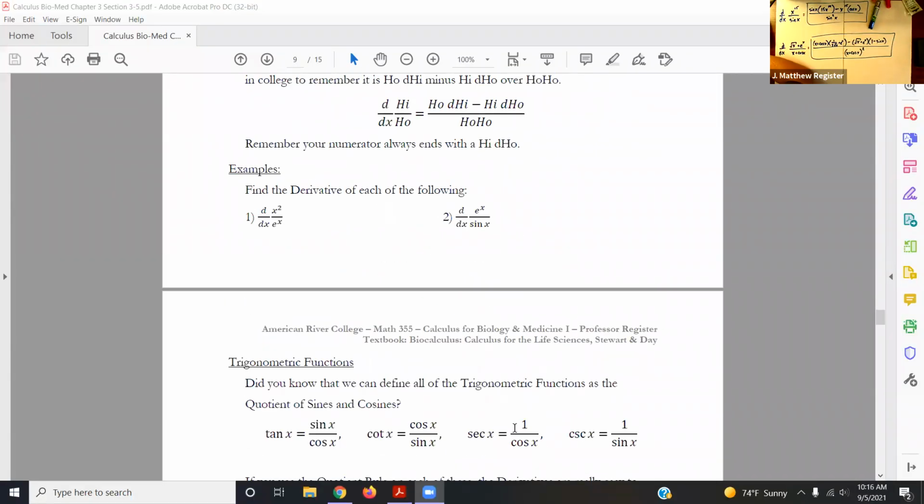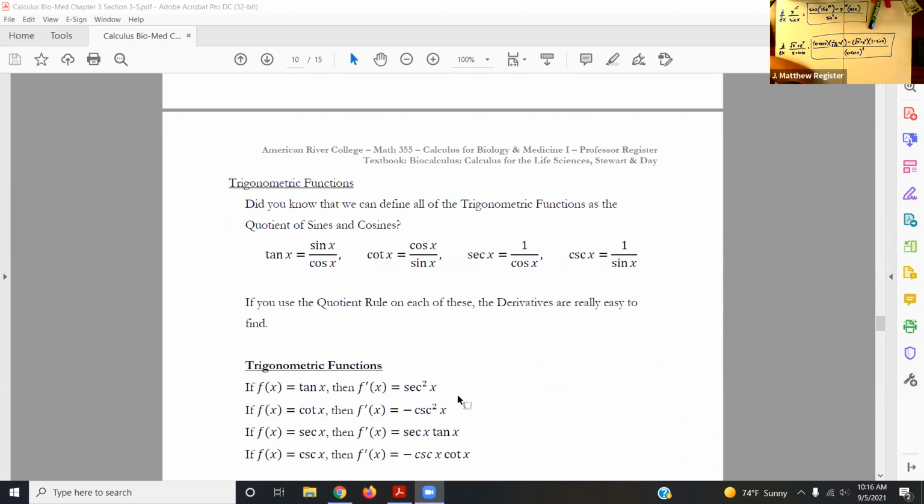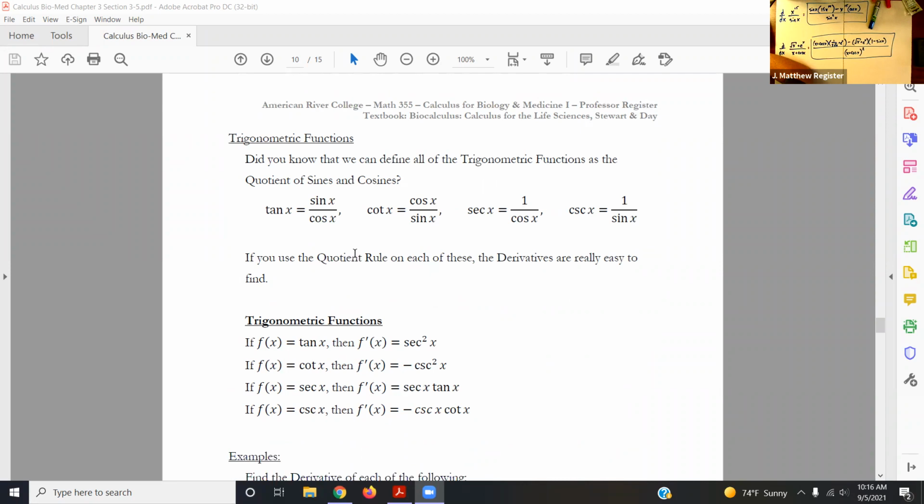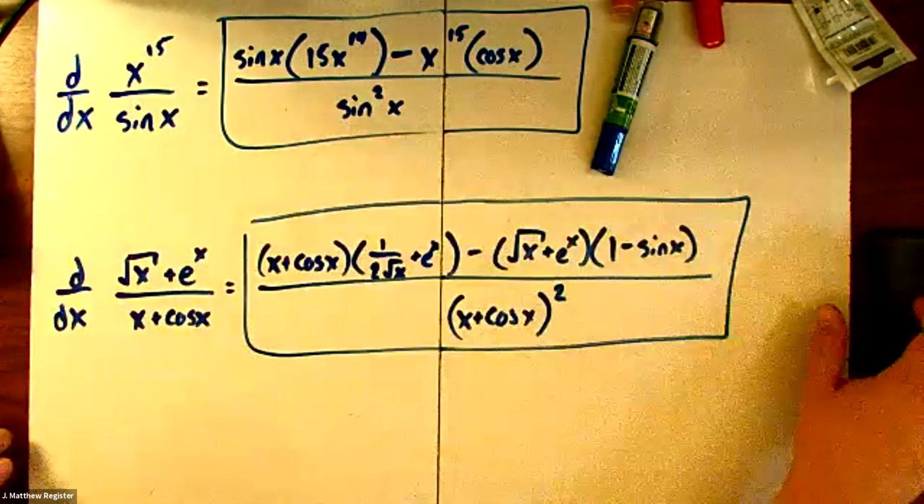That's the quotient rule. Now that we have the quotient rule, we can figure out all of the other trigonometric functions. And so we know that tangent is sine over cosine, cotangent is cosine over sine, secant is 1 over cosine, and cosecant is 1 over sine. Let's just try and determine what the derivative of tangent is real quick.